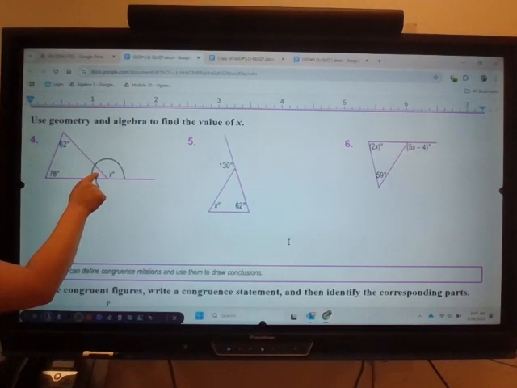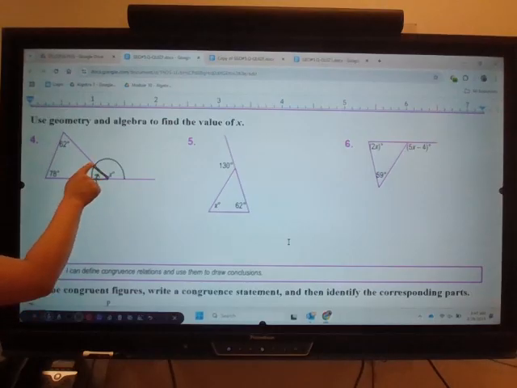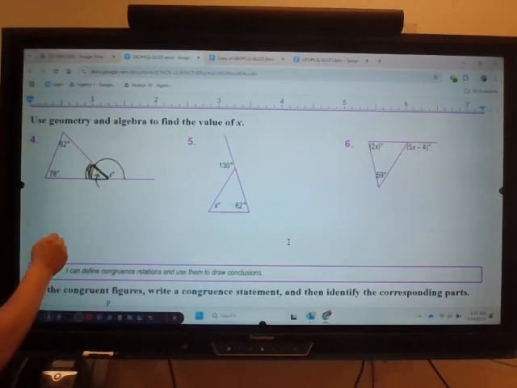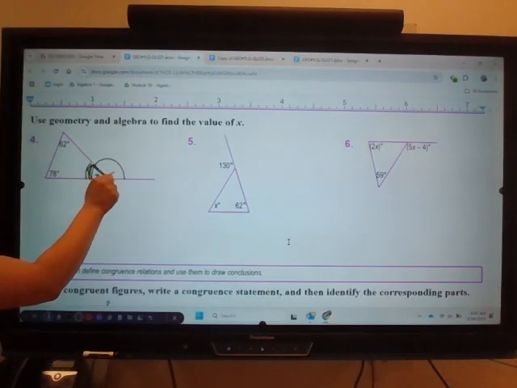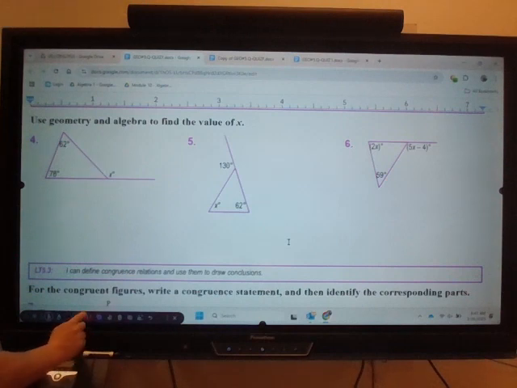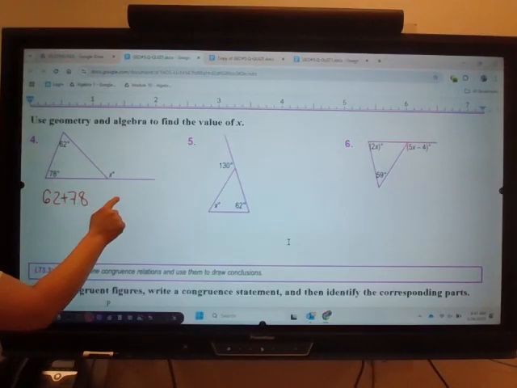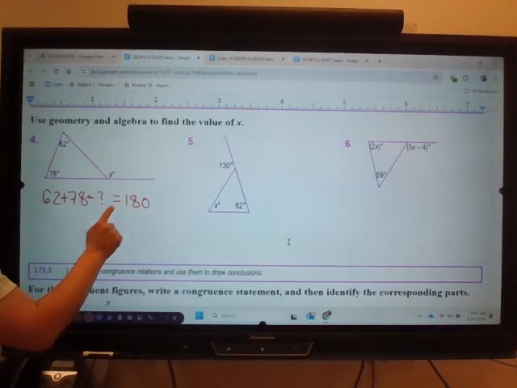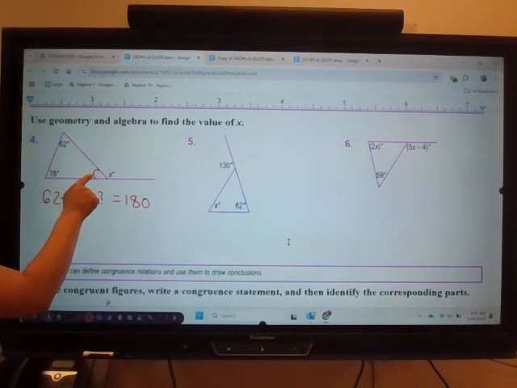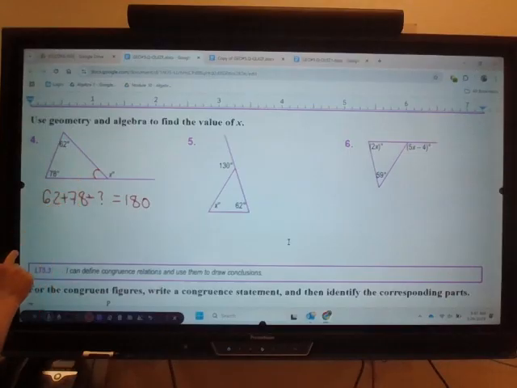So if we know what this angle here is, we'll be able to figure out x, because this plus x will equal 180. For starters, 62 plus 78 plus something, I'm going to call that question mark for now, equals 180. Let's figure out what this angle is inside this triangle.